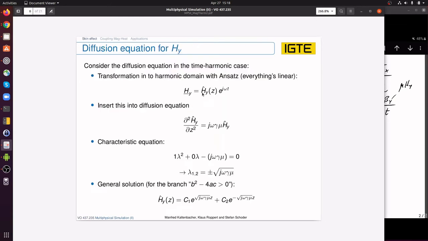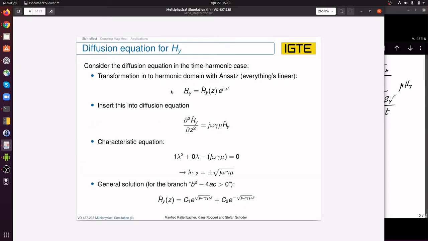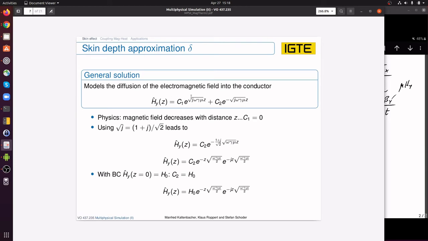So if we go back to this infinite half plane, the first term would mean that our field is increasing the deeper we go into the material, which is not the case. The physics tells us that the fields are decaying in z direction, so we set C1 to 0, simply based on physical argumentation, and we're left with this second term with e to the power of minus this square root term.